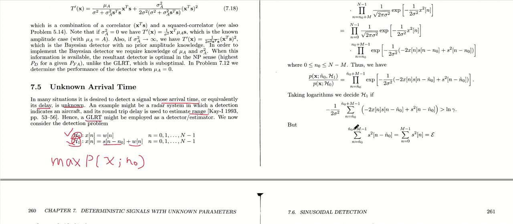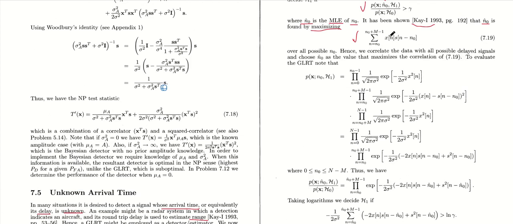With some simplifications, it becomes this. So we maximize this over all possible N0, and then you get N0 hat.